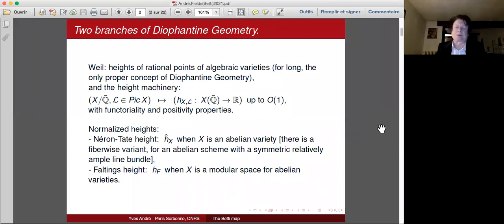There is also a fiber-wise variant for an abelian scheme with a symmetric, relatively ample line bundle. And the other fundamental example is the Faltings height of abelian varieties, so the Faltings height for a point in a modular space for abelian varieties.